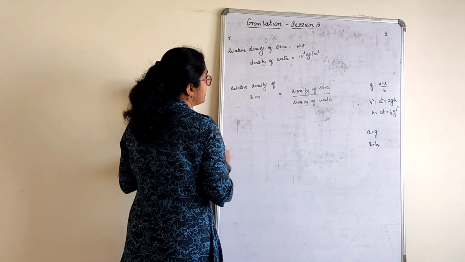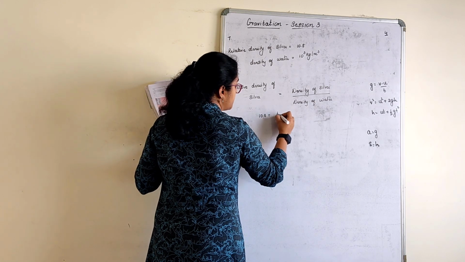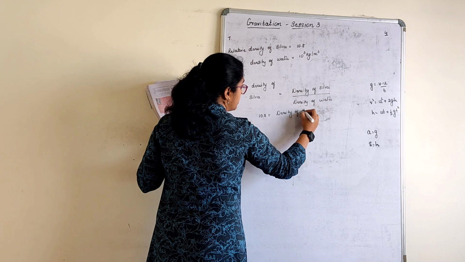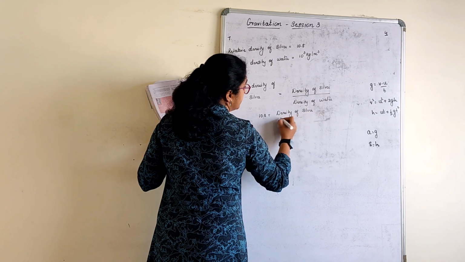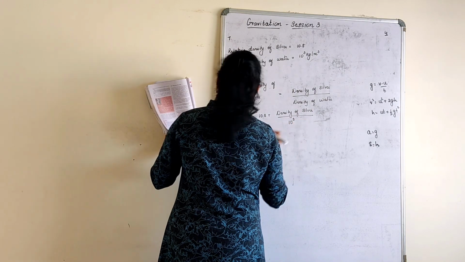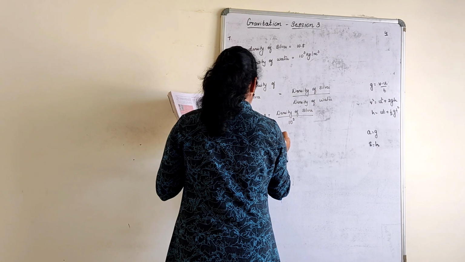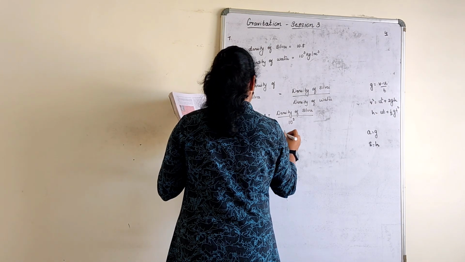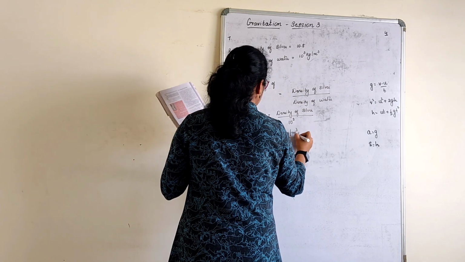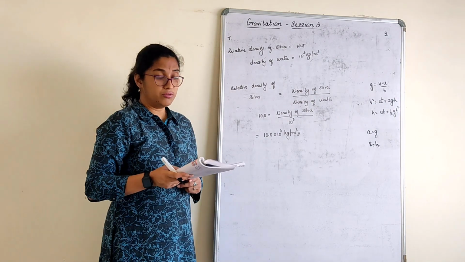We know the relative density of silver, which is 10.8. Density of silver is what we have to calculate. Density of water is already given, 10 raised to 3. So just cross multiply. 10.8 into 10 raised to 3 kg per meter cube. That's the answer. Okay, this is how you solve it.